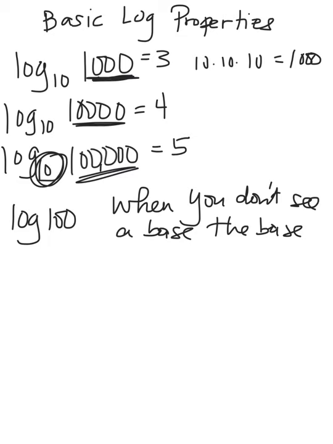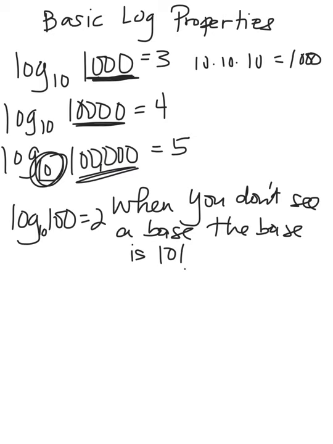That is very important. You will definitely need to know that. So log of 100, not log 10 of 100, log of 100, even though they're the same. But if I just ask you log of 100, you can assume that the base is 10.